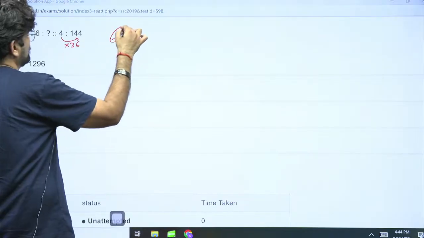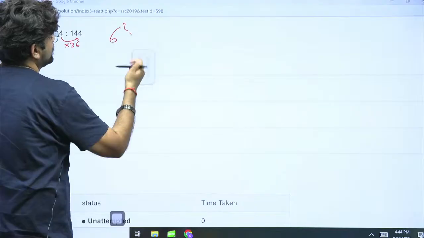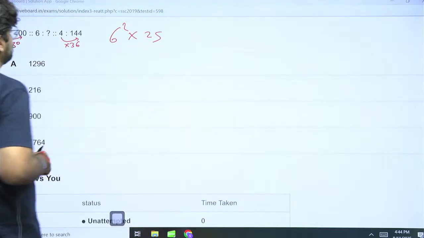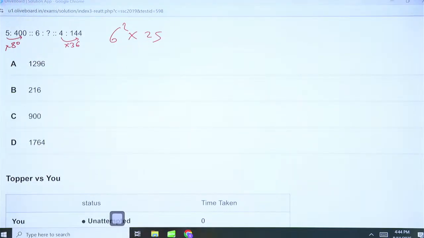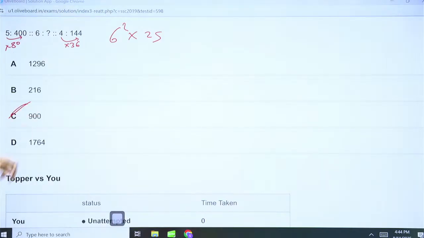So 6 square into 5, 36 into 5, 180, no. Okay. 5 square into 16, oh my god. 6 square into 25. It's only 900. Can that be the answer? 36 into 25. 100 by 4. 900. Absolutely right. Option C is the right answer.